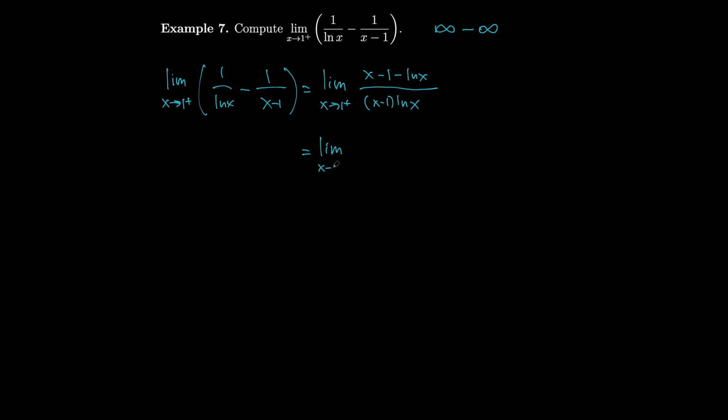So let's use L'Hopital. We take the derivative, and on the top we get 1 minus 1 over x, because the derivative of x minus 1 is 1, and the derivative of ln x is 1 over x. On the bottom, we have to use the product rule. So that's x minus 1 times 1 over x plus 1 times ln x.